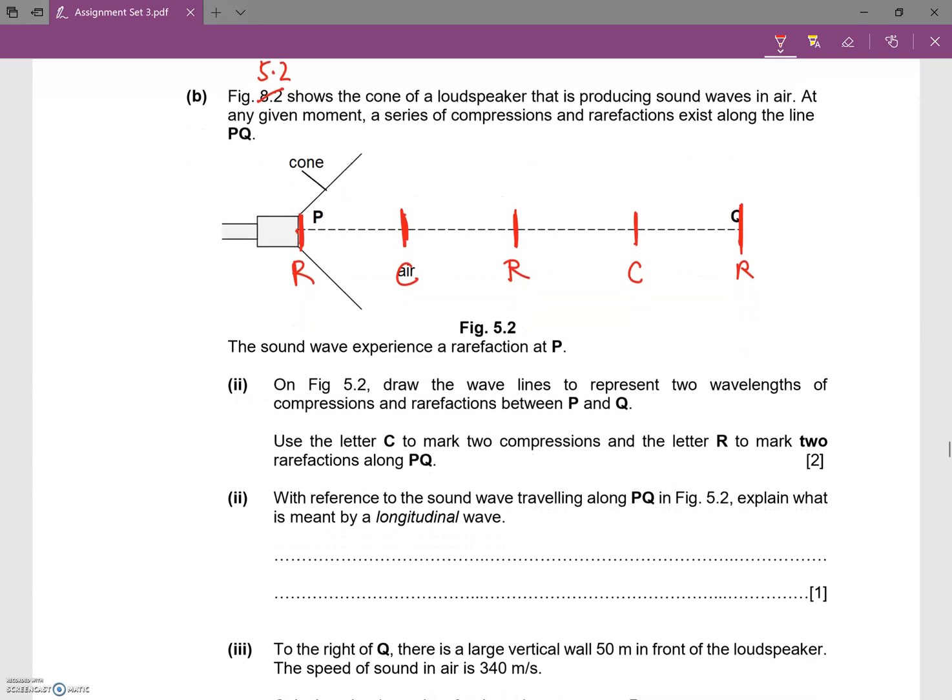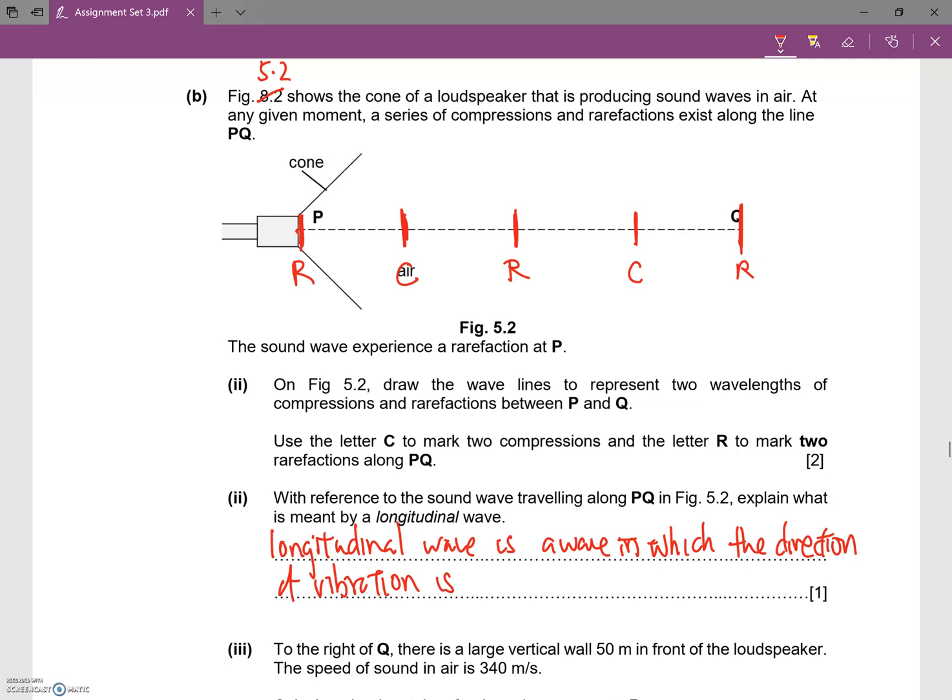Quite simple to do. In part 2, it says, with reference to the sound traveling along PQ in figure 5.2, explain what is meant by a longitudinal wave. A longitudinal wave is a wave in which the direction of vibration is parallel to the direction of wave travel.